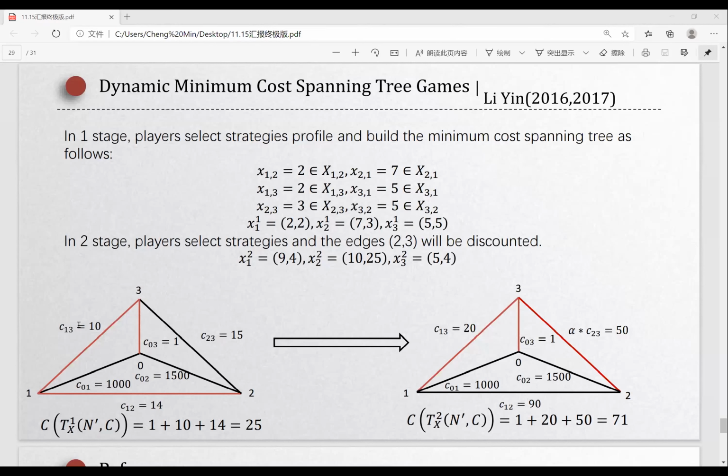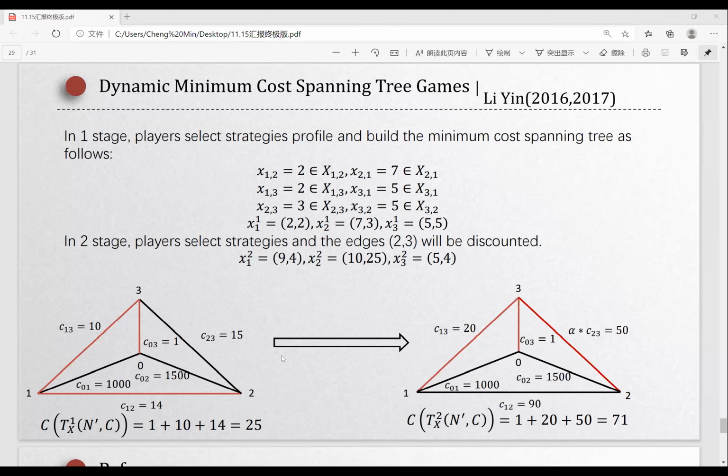C13 equals x13 multiplied by x31 and equals 10. And we can use the same way to get the cost of each edge. So the sum of the cost of the spanning tree in one stage equals 25.